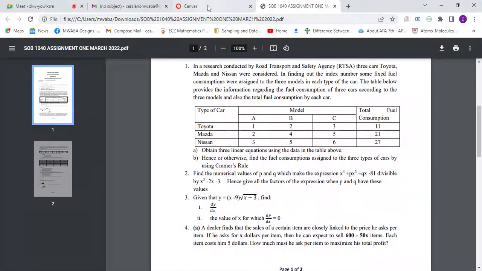minus 2x minus 3. Hence, give all the factors of the expression when P and Q have these values.